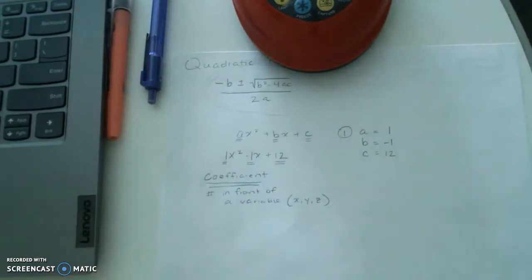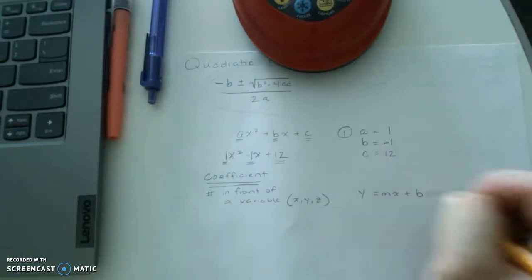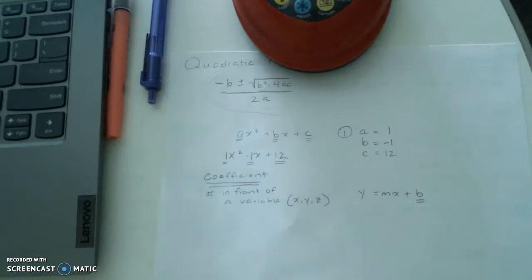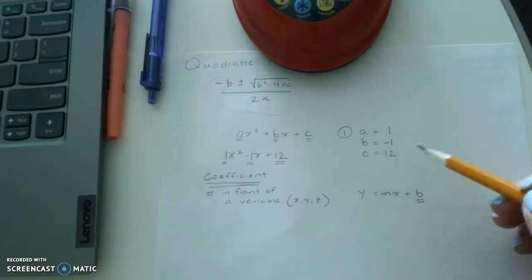A constant is a number without a variable. So when we talk about linear equations, the constant is the y-intercept. It doesn't have a variable after it. It's just itself. And in this case, our constant is 12, our C. That's easy to remember because constant starts with C. So A is 1, B is negative 1, and C is 12.